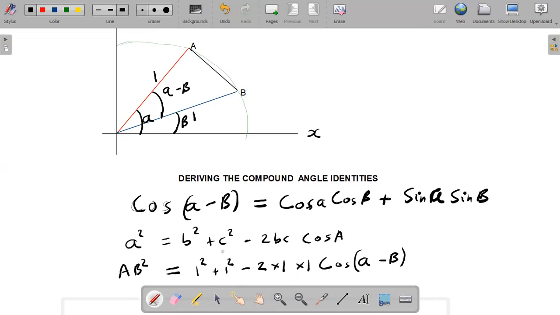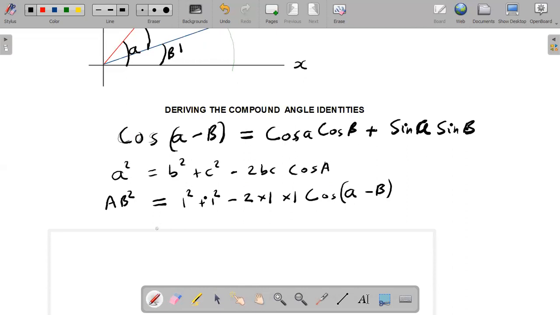Let's try then to simplify what we have. In simplification, 1 squared plus 1 squared obviously gives us 2, minus 2 times 1, that's going to be minus 2 cos alpha minus beta. So this is what we have.